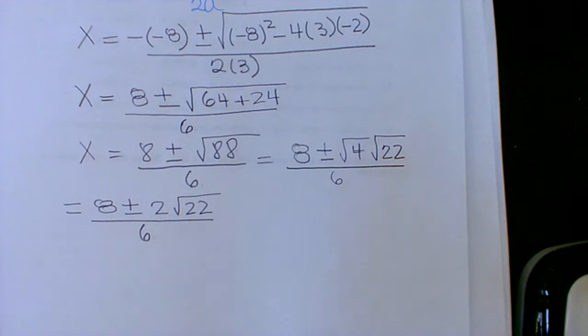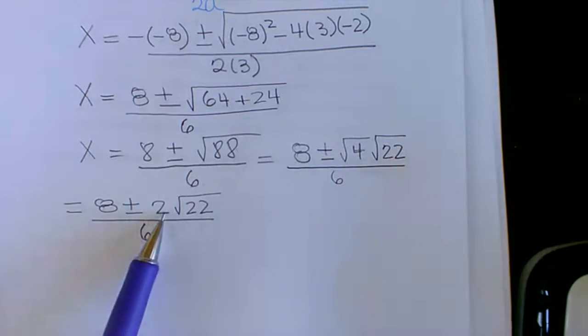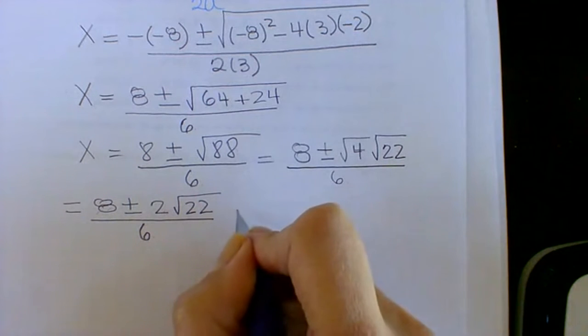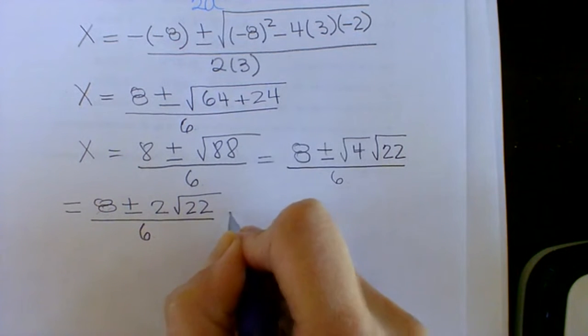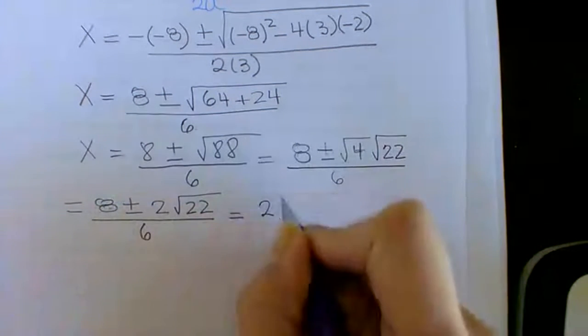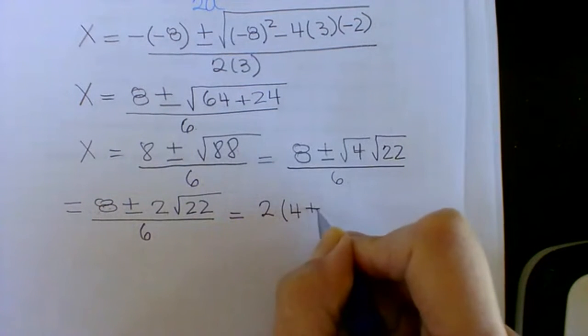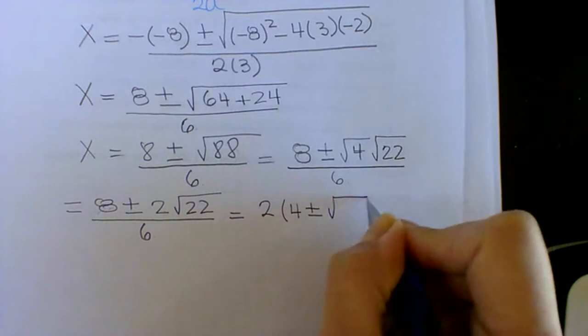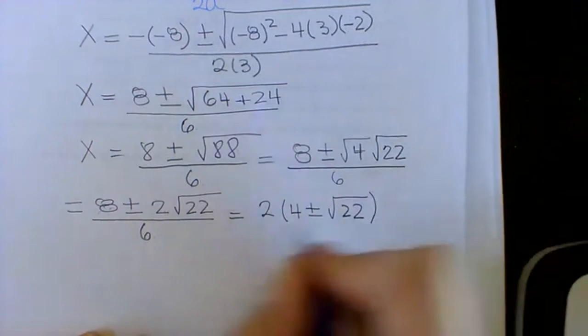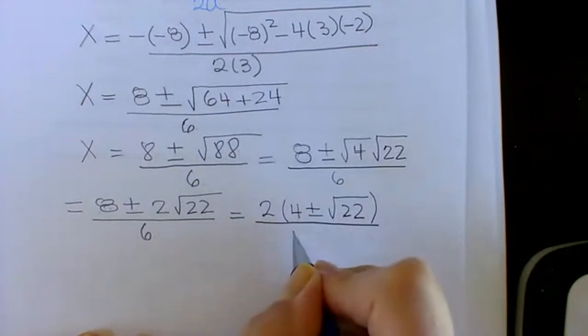Now, I see the 8, I see the 2. Why don't we factor this out? So let's factor the 2. So this is going to be equal to what? 2 times, what number do I have left here? 4 plus or minus the square root of 22, divided by 6.